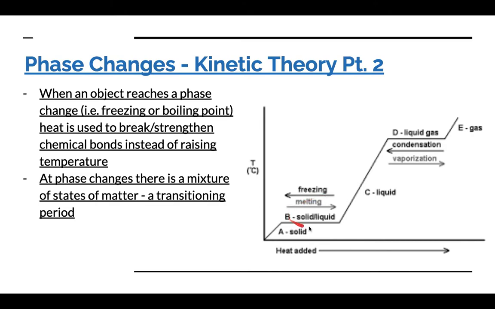So right here, we're going to have heat being used to melt our solid ice instead of raising the temperature. And then at point D right here, we're going to have heat being used to turn our water from a liquid into a gas. So at a phase change, there's a mixture of states of matter, a transitioning period.